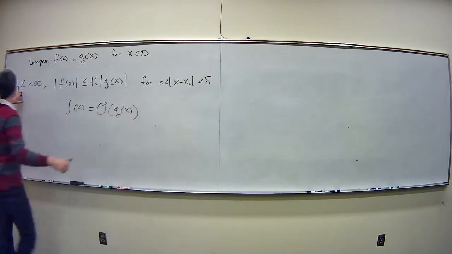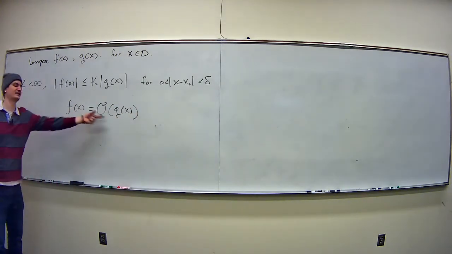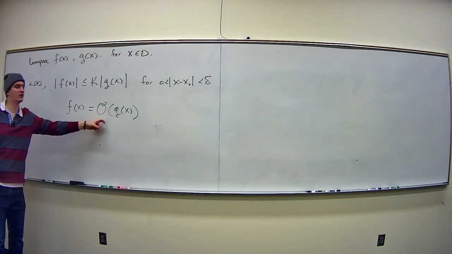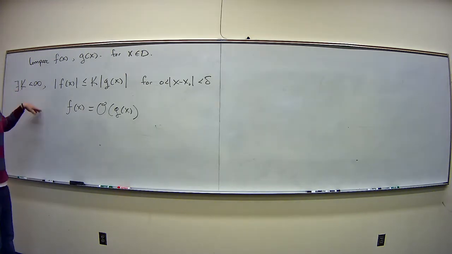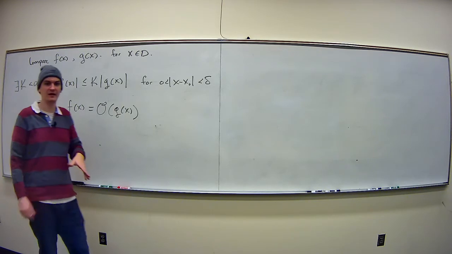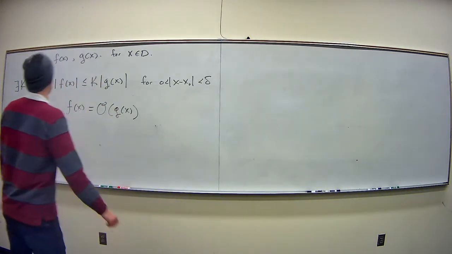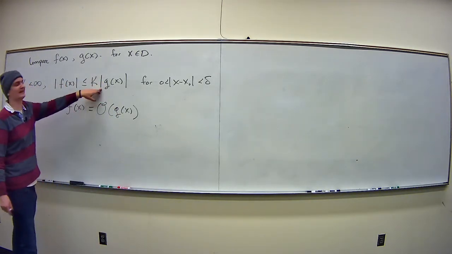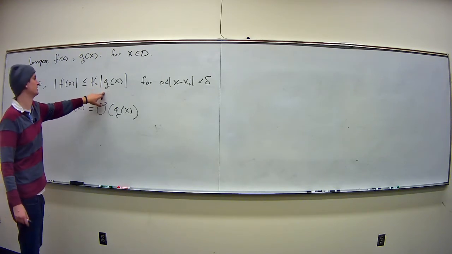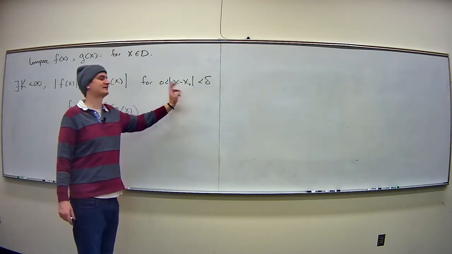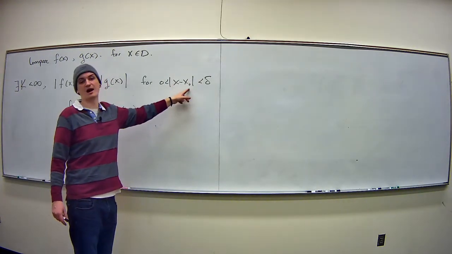What is this saying? I say f is the same order as g, capital O, big O notation, if there exists some finite number k such that this function is always less than the maximum of this function. And this is the idea of x close to some number x naught.